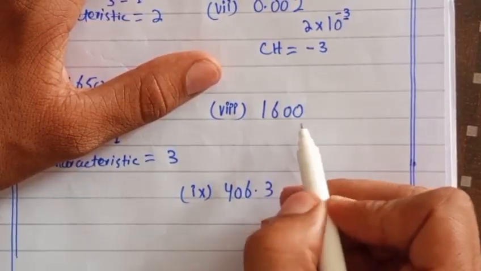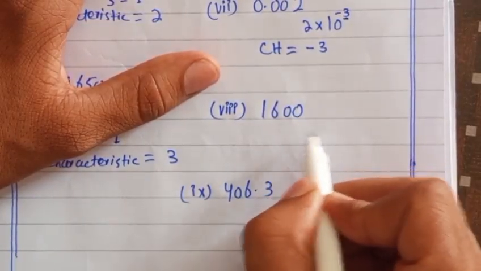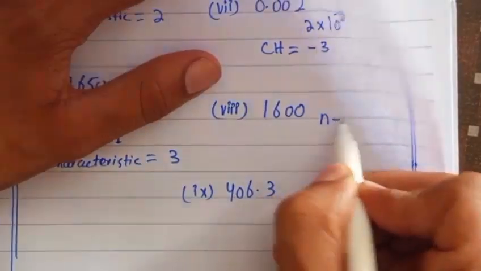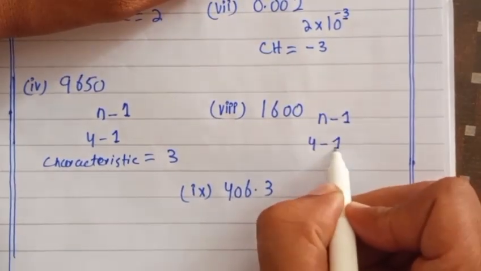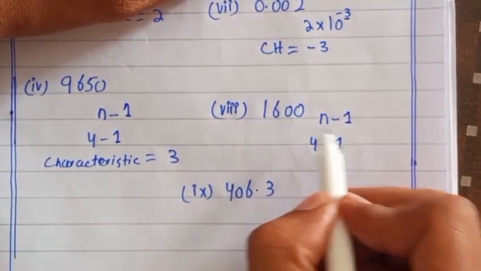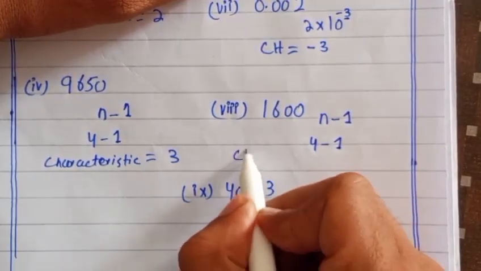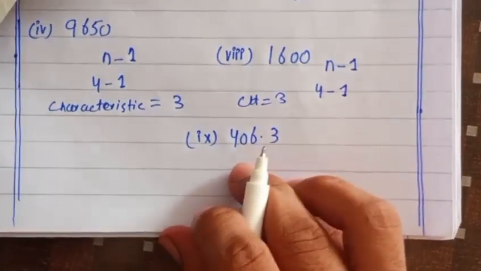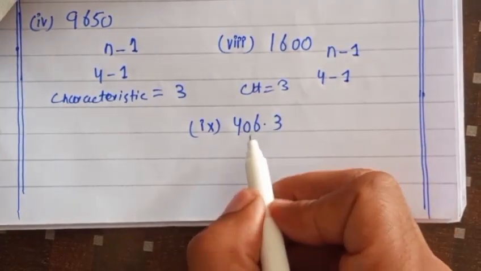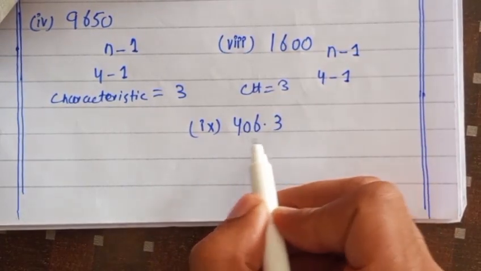1600. How many digits are there? 4 are there. So I will apply the formula n minus 1. This means 4 minus 1, so the characteristic will be 3. Come to the 9th one, 406.3.